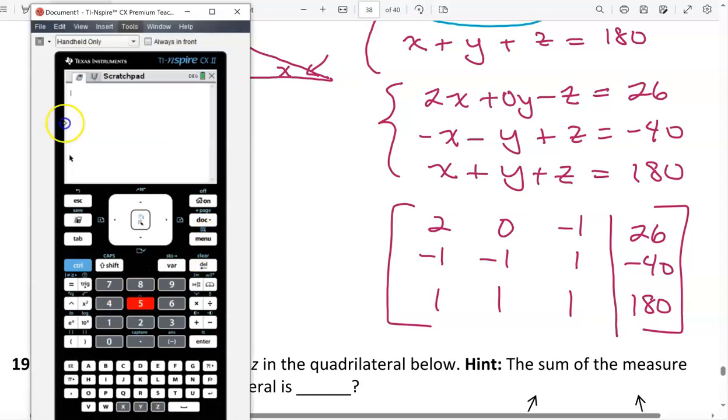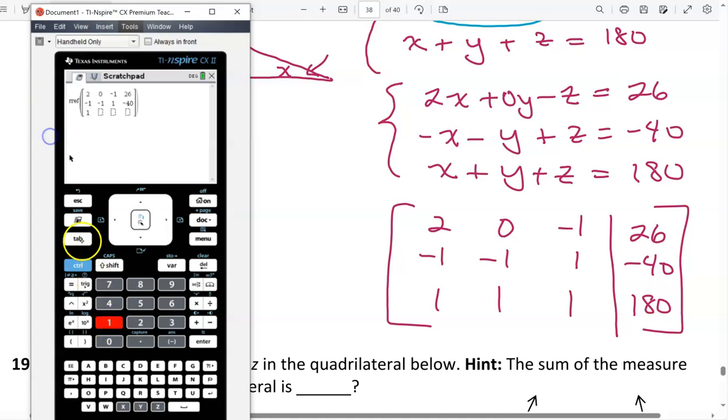All right, so let's enter that into the calculator. We want reduced row echelon form of a matrix, and that matrix is 3 by 4. Across the top, 2, 0, -1, and 26. Middle row, -1, -1, 1, and -40.